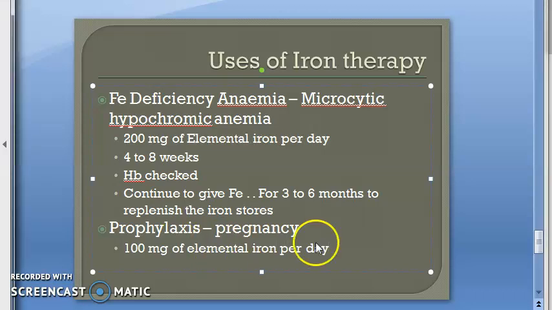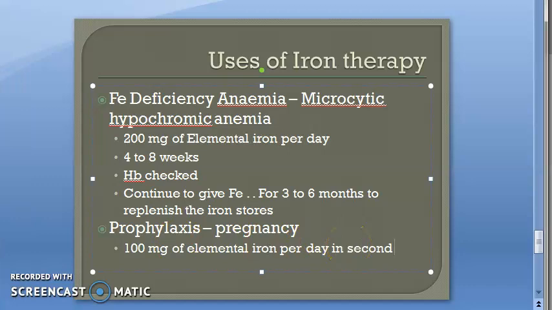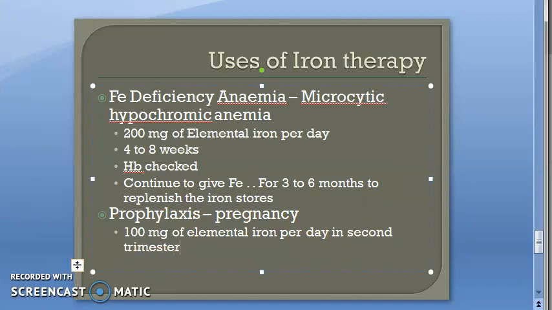It is given in second trimester. Why? Because in first trimester there will be nausea, vomiting. Okay, right?